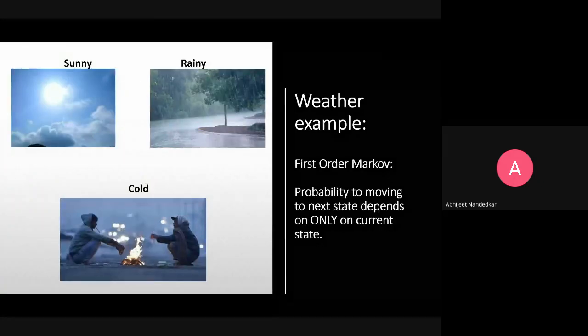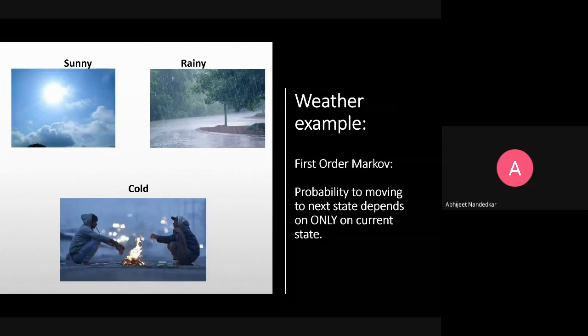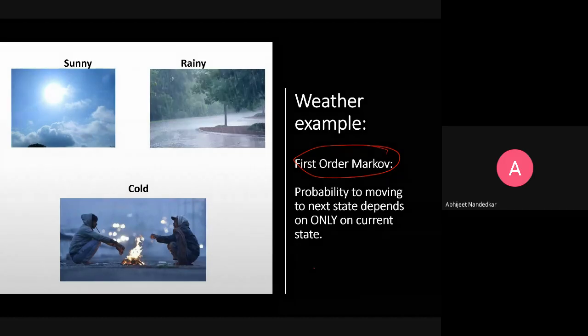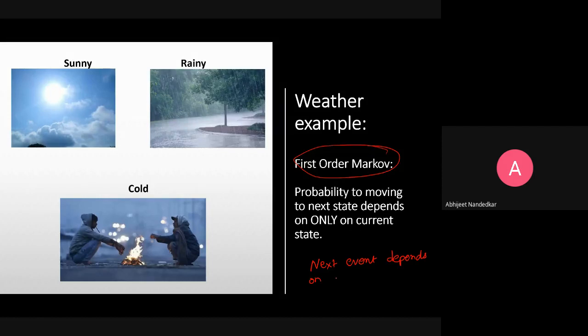Now let us see an example of what exactly a Markov chain or Markov model is. Now we are going to see the first order Markov model, where the next event depends on the current event or status only.